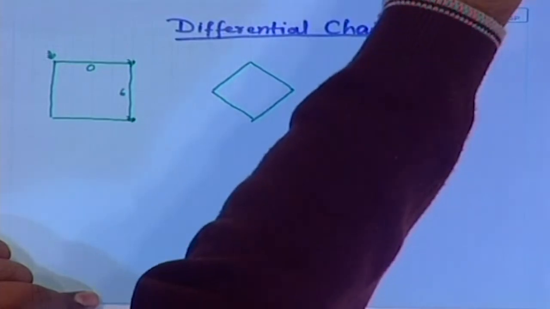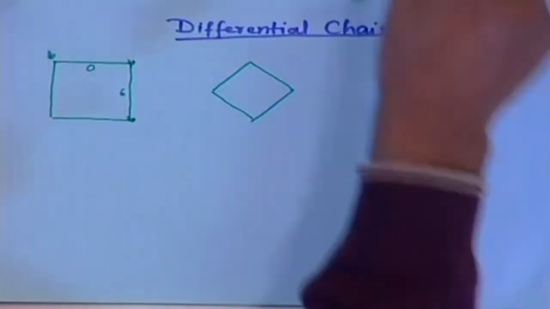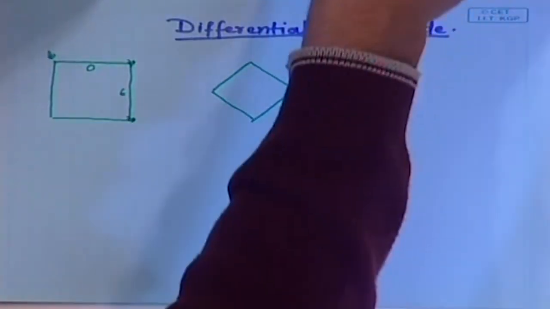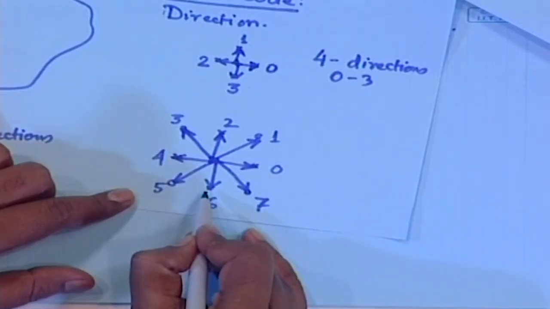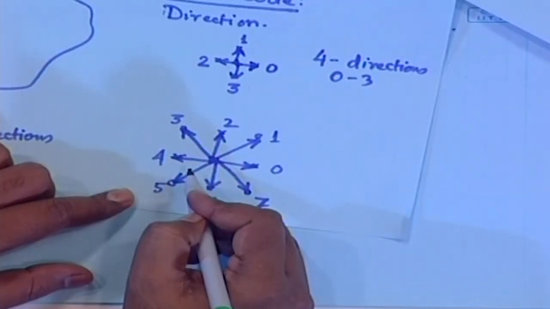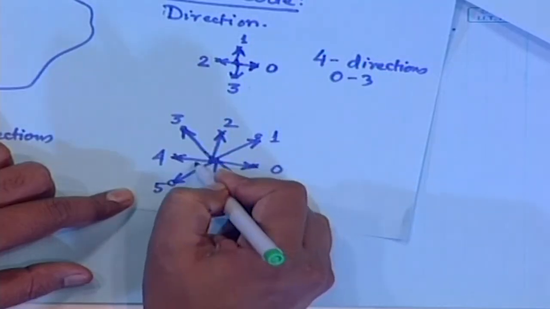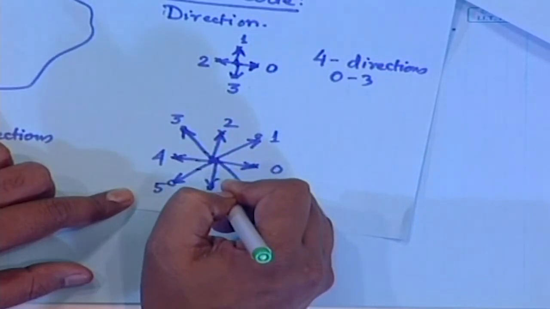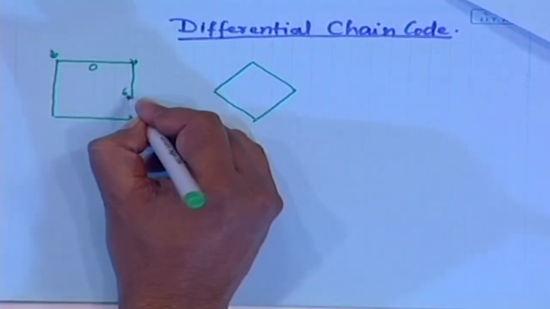So you come to this coding scheme. This is 0 and this is 6. If I follow anti-clockwise rotation, I have to move 1, 2, 3, 4, 5, 6 steps, so I code this as 6.